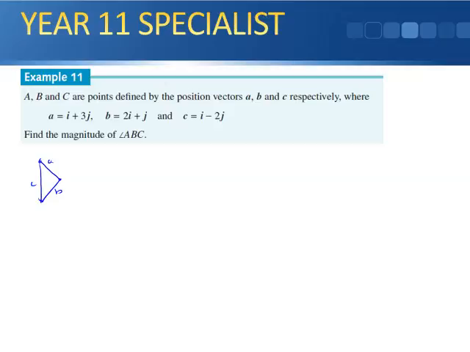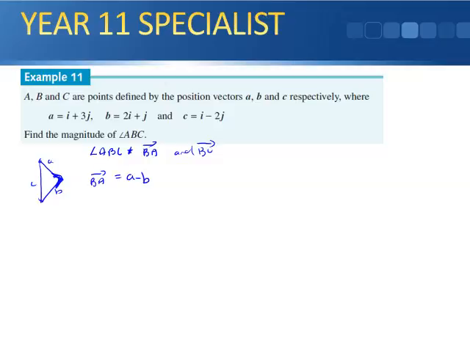So we have to think about things like this. The angle ABC will be the angle between BA and BC, that one there. So BA will equal a minus b.